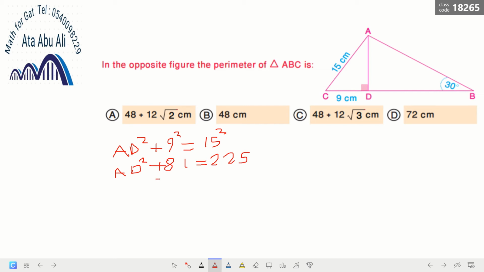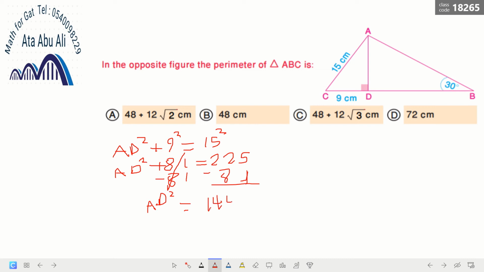Then we subtract 81 from both sides. 81 minus 81 becomes 0. So AD squared is equal to 225 minus 81, which is 144.